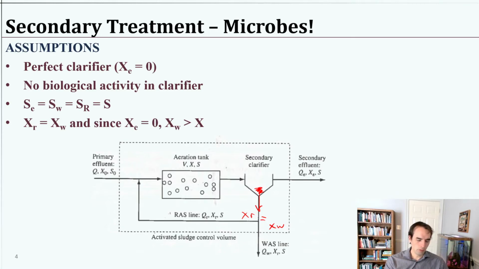The other thing to note here is that this really highlights the reason it can be very bad if you have a situation where your sludge starts bulking and floating. When you have sludge flotation in your clarifier, it really messes with this math and these assumptions.